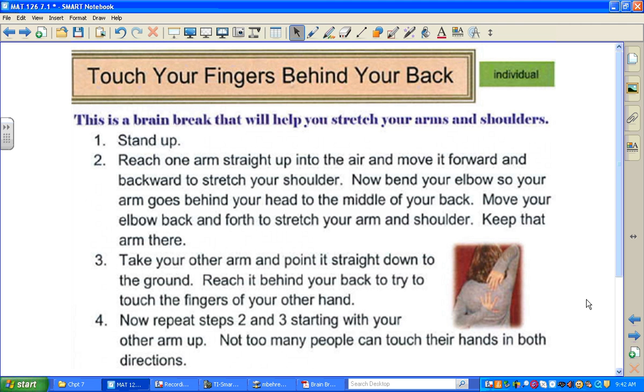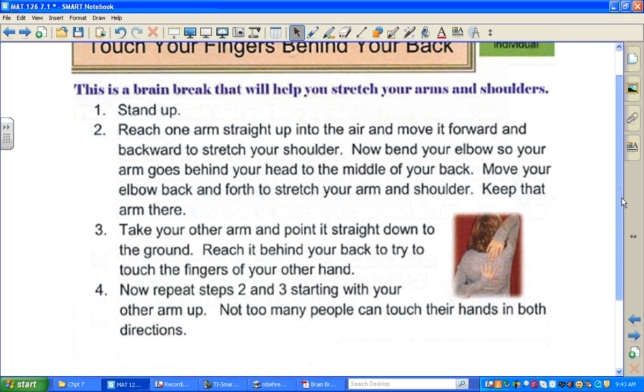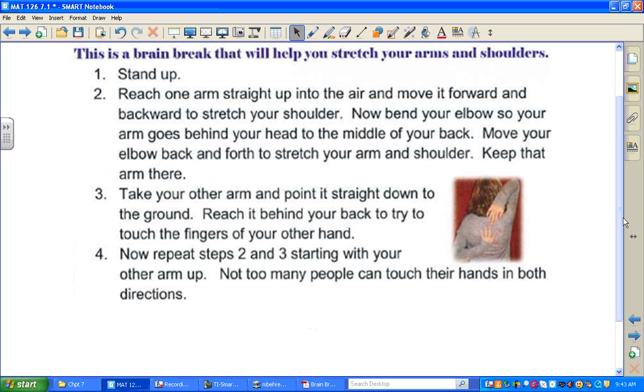Stand up, reach one arm straight in the air, move forward and backward to stretch your shoulder. Don't hurt yourself, that's what that means. Now bend your elbow so your arm goes behind your head to the middle of your back. Move your elbow back and forth. I can touch them. That one I can do. Stretch it out.